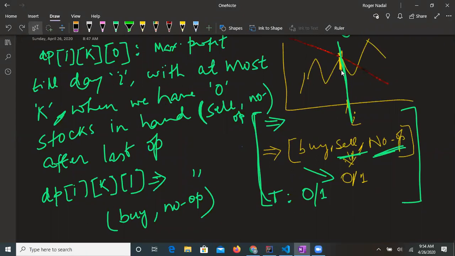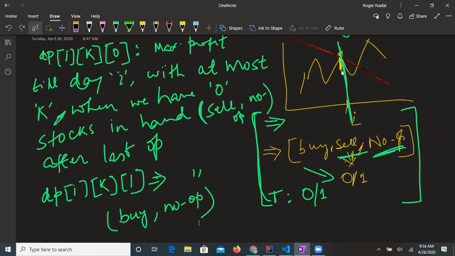So to have 0 stock, either you already had 0 stock, then you do nothing. But if you didn't, you had 1 stock in this particular question, then you have to sell that on that day.